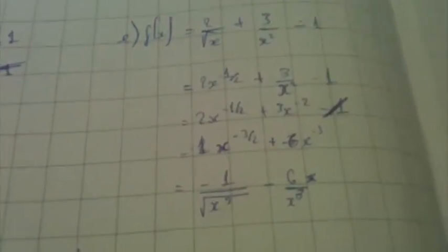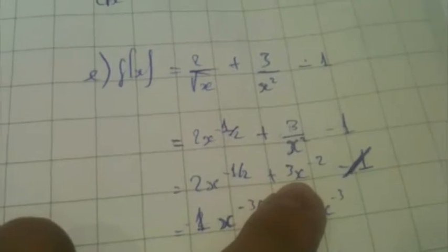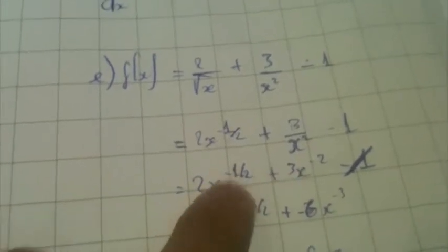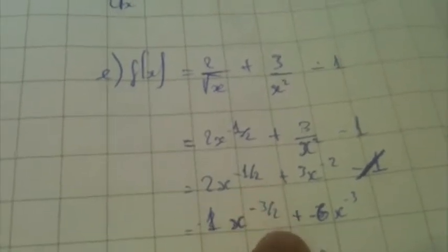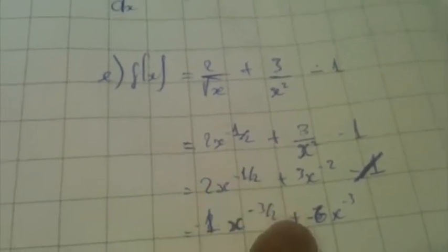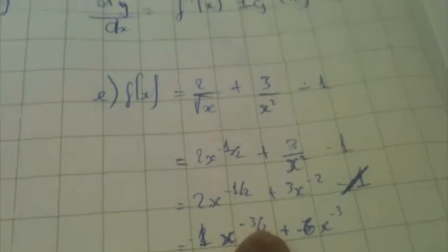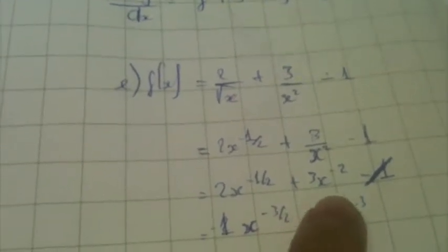Okay, let's move on to a harder question. You can see that equation there. We convert that into that, and that into that, so that's easier to derive. That times that equals minus 1, and the power minus 1. So it's from a half to 3 over 2.